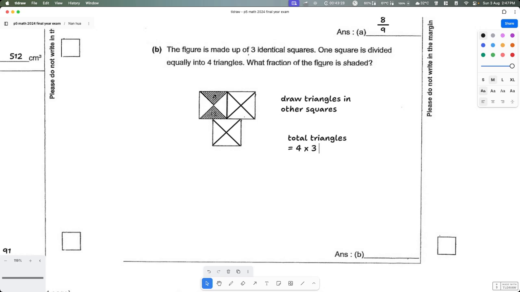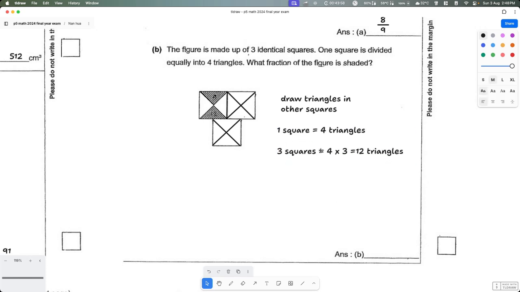So 4 times 3 is 12. So from here we can just say one square is equal to 4 triangles, and then 3 squares is equal to 12 triangles.